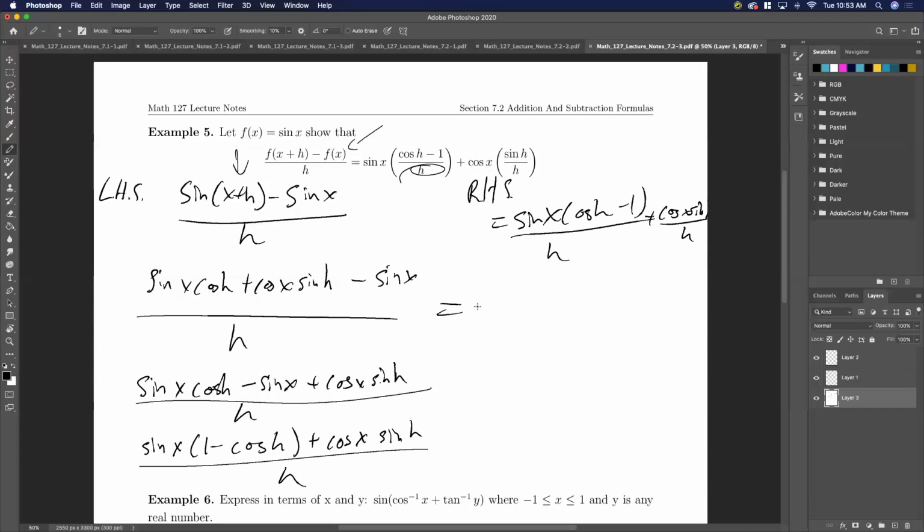And then I can rewrite that all as just 1 sine of x times cosine of h minus 1. Did I do something wrong? Hold on. Yes. Is this what this was? No, that's not what that was.